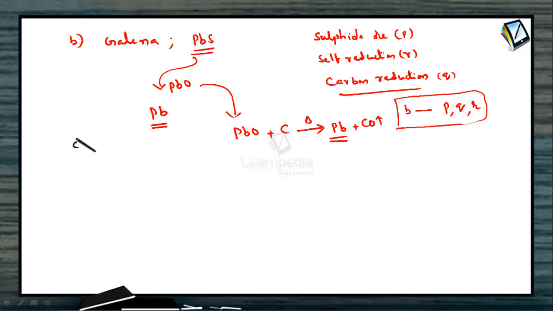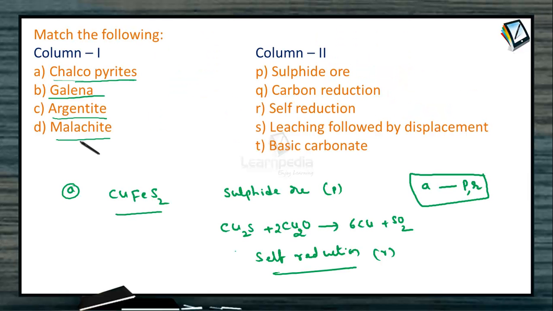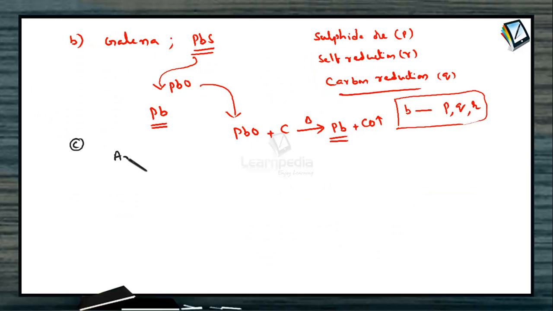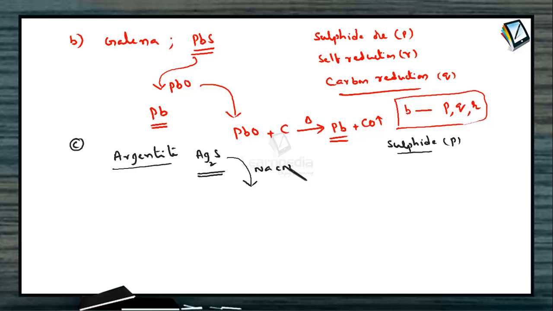Then let's go for C. What do we have in C? Argentite. Argentite is nothing but Ag2S, an ore of silver. So it's a sulfide ore. Therefore, P becomes the answer once again. For the extraction of silver, Ag2S is treated with sodium cyanide as the solvent in the presence of oxygen, so that the argentite dissolves in sodium cyanide and thus leaching is involved, to give sodium argentocyanide, Na[Ag(CN)2], a soluble complex.